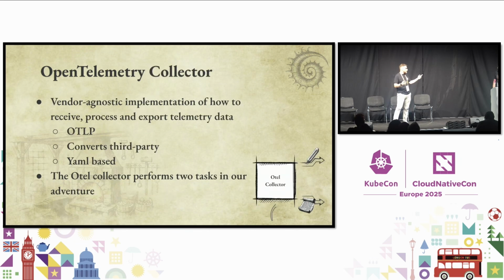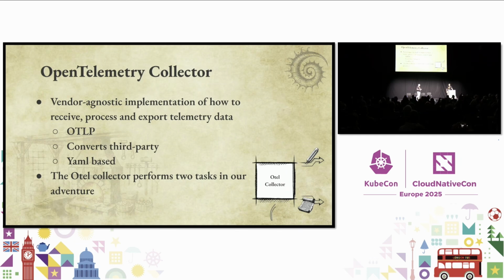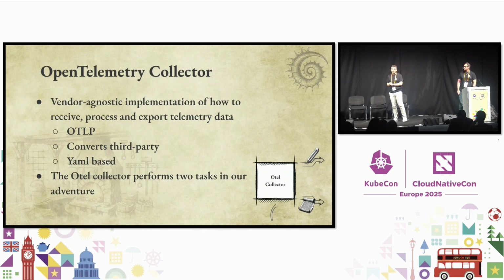So if you flip to the next slide, the OpenTelemetry collector is a sort of beacon example developed by the OpenTelemetry community, which shows how to receive, process, and distribute OpenTelemetry signals. It works within the OTLP format, which is basically the data format that was designed by OpenTelemetry, but it does allow you to convert to third parties.